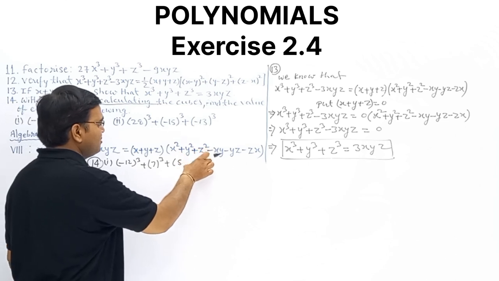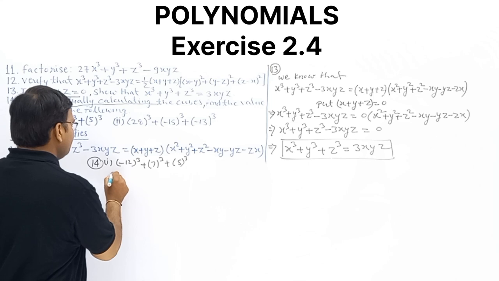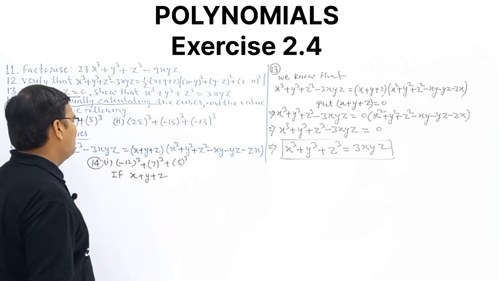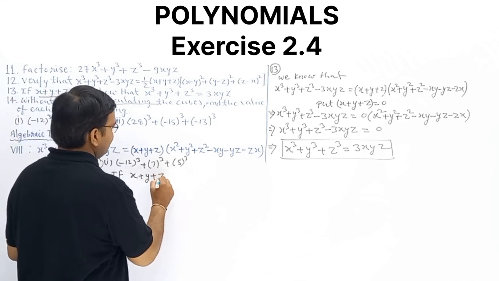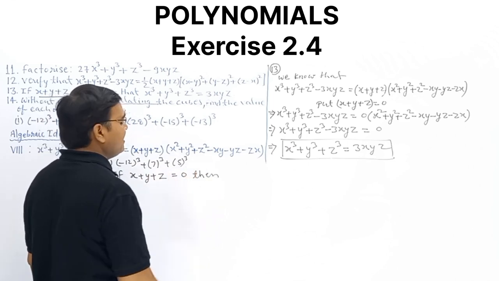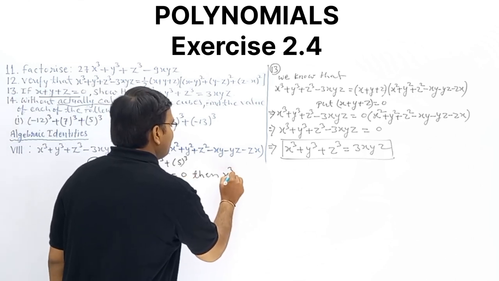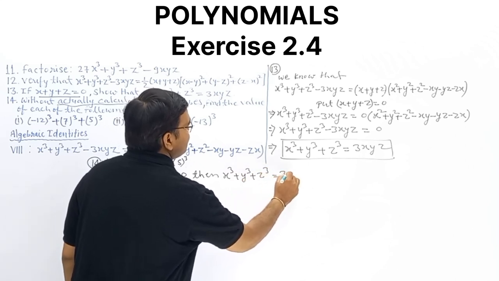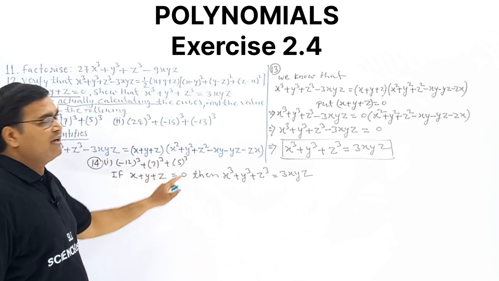If x plus y plus z equals 0, then x cube plus y cube plus z cube will be equal to 3xyz.